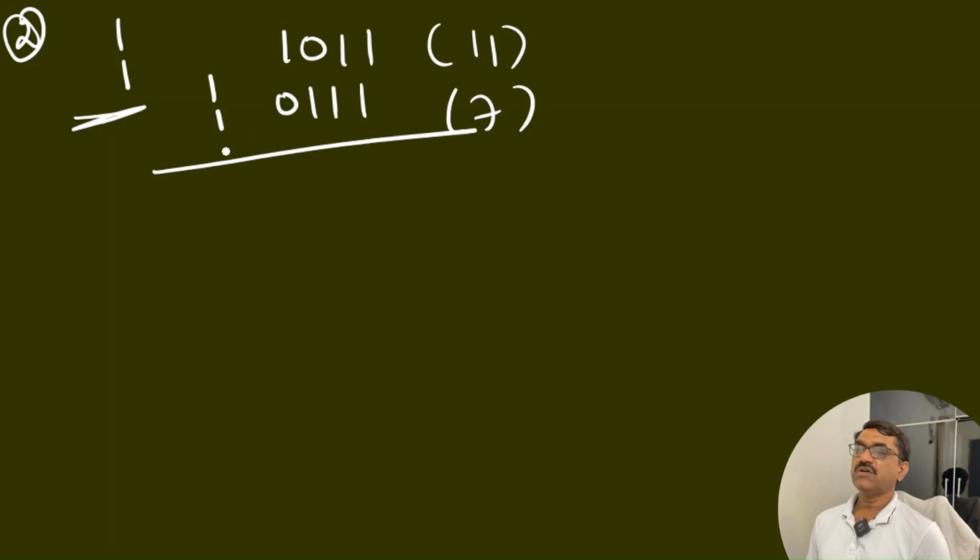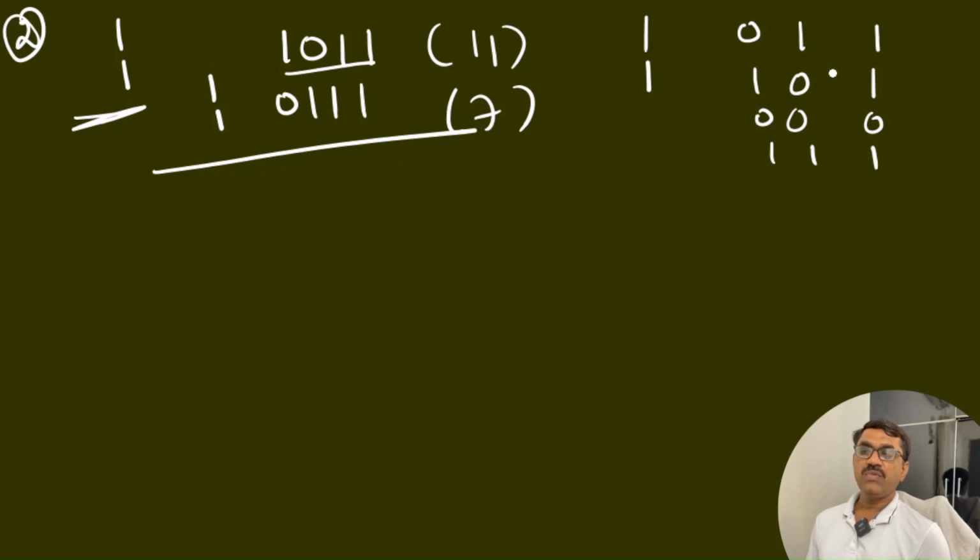What the bitwise operation does: if any bit is 1, the result is 1. See for the OR operation: if you get 0 1, the result is 1. 1 0, the result is 1. 0 0 is 0. 1 1 is also 1. If any one bit is 1, the result is 1. So this is about the OR operation.